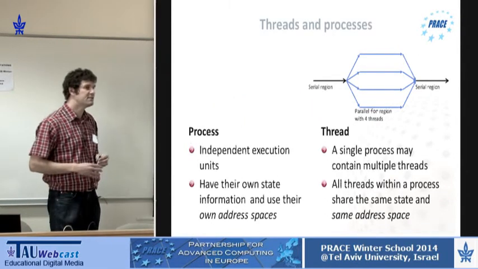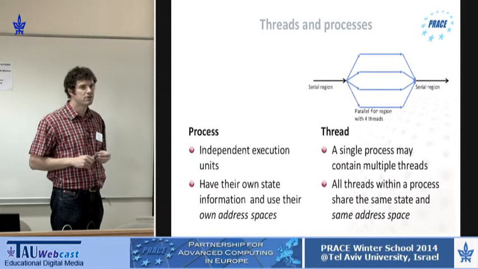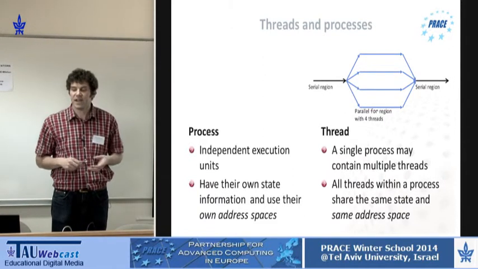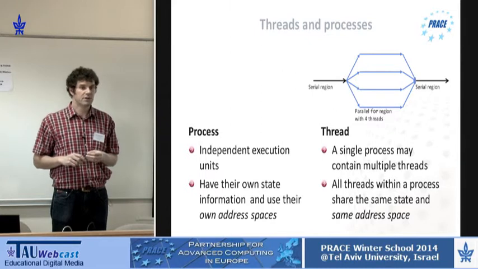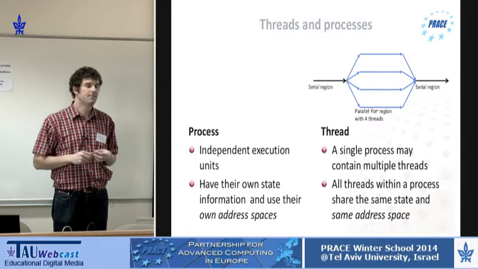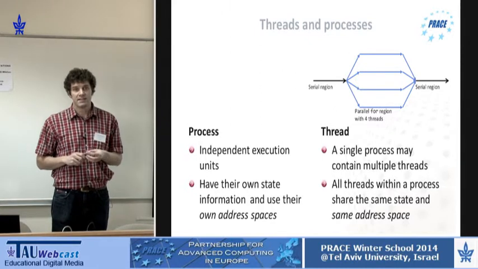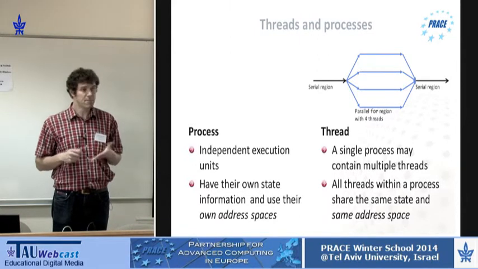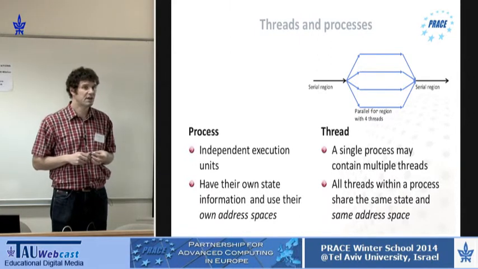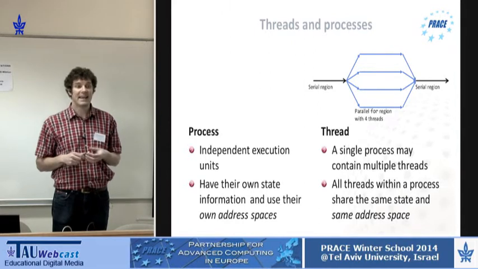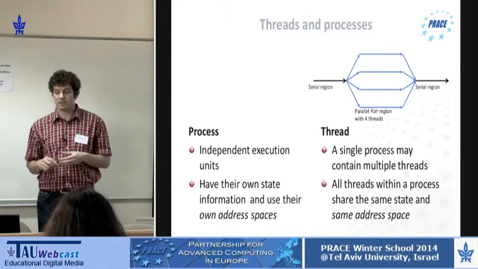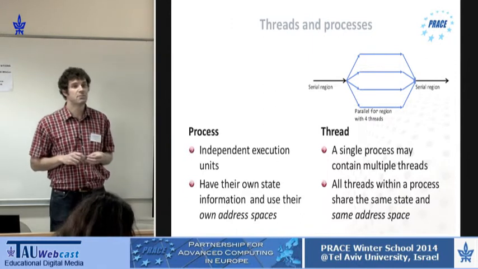So let's start from some very basic concepts and differences. In the MPI execution model, the parallel program is launched as a set of independent processes, which are their own execution units and have their own state information.